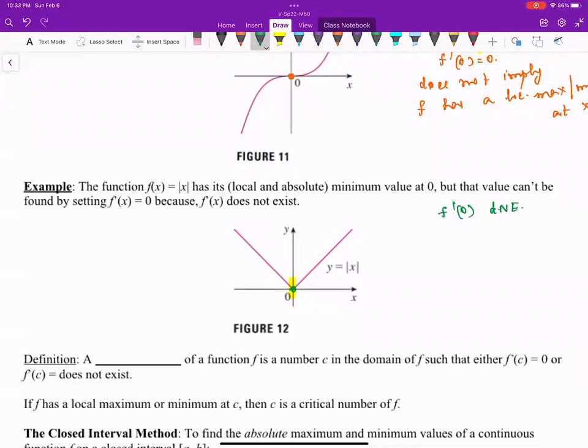So absolute x is continuous on the entire real line, and it attains the minimum at 0, but the derivative does not even exist.